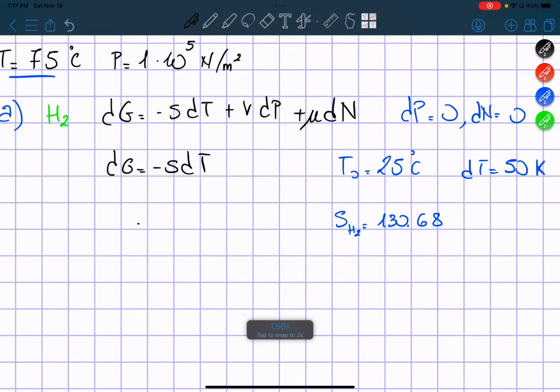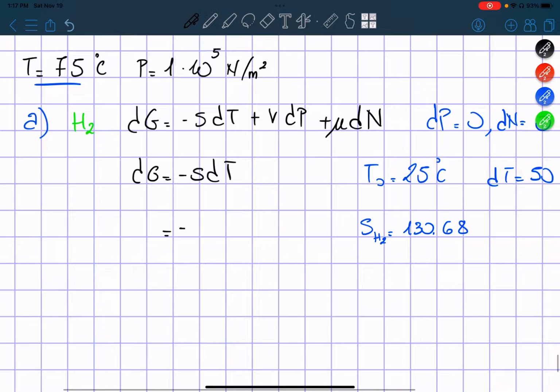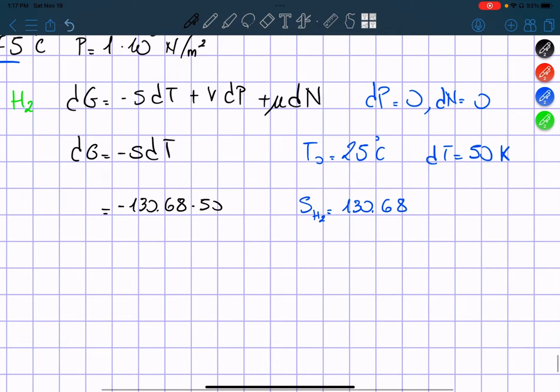So we can just plug it in and we get negative 130.68 times 50. And of course this is joules per Kelvin, so our final unit of measurement will be joules. Plugging this into the calculator, 130.68 times 50, we get negative 6,534 joules. That's our dG.